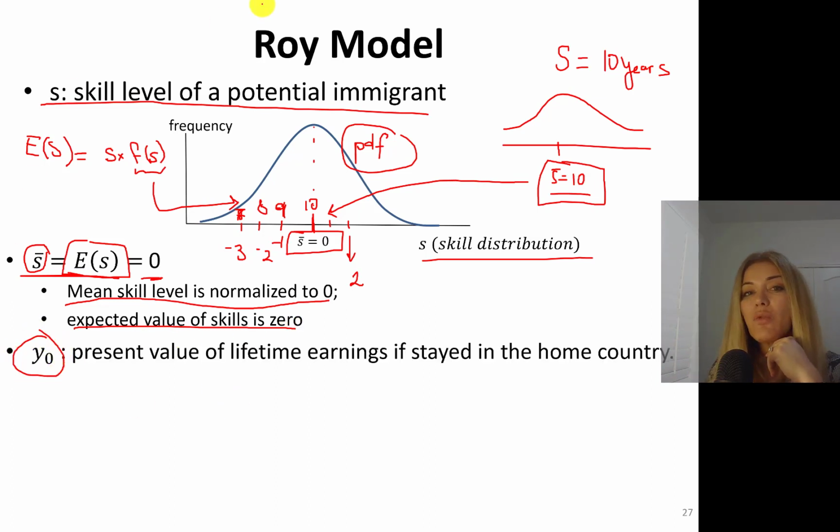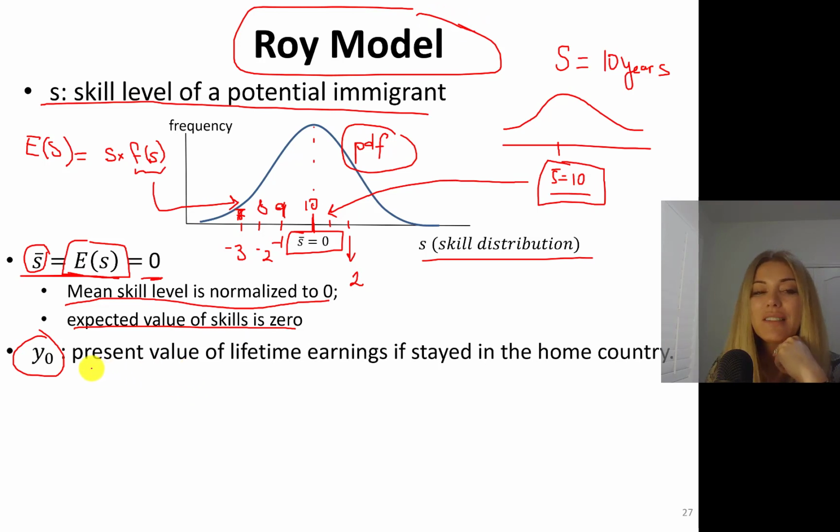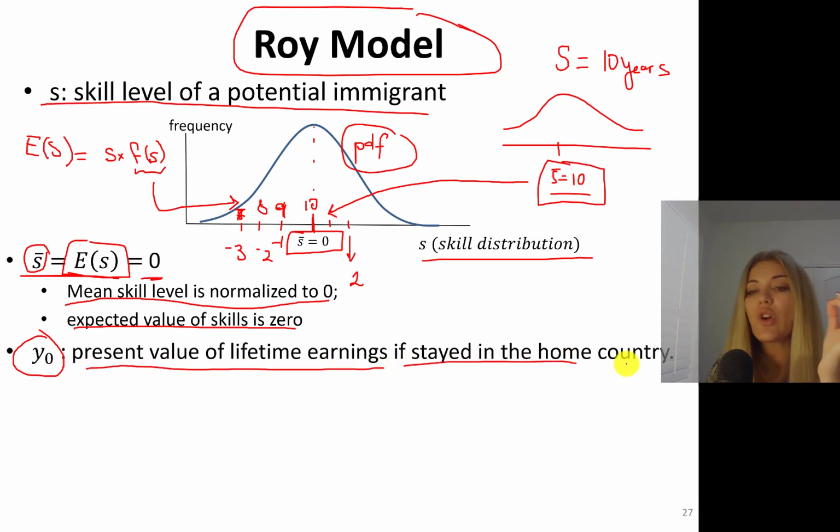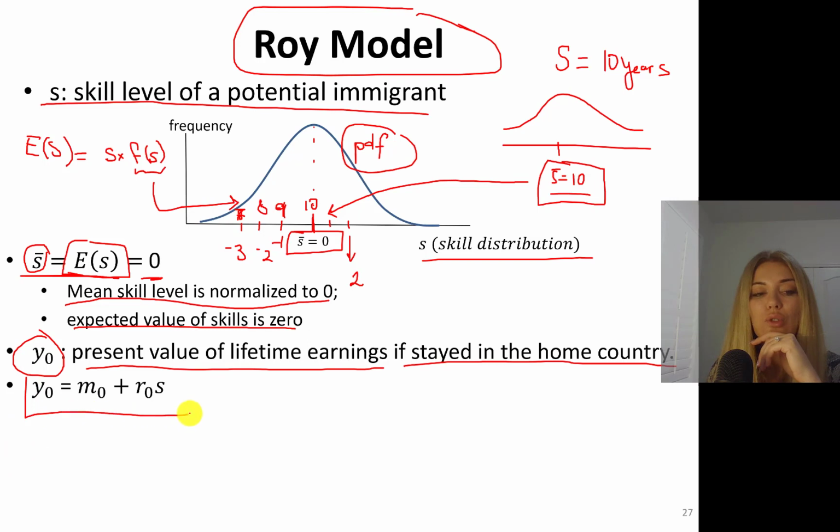Again, I'm building the Roy model, so please grab paper and pencil. This is your final warning. Okay, Y0 is the present value of lifetime earnings if you stayed in your home country. What is it equal to? Y0 is equal to M0 plus R0S. S is your own skill level.